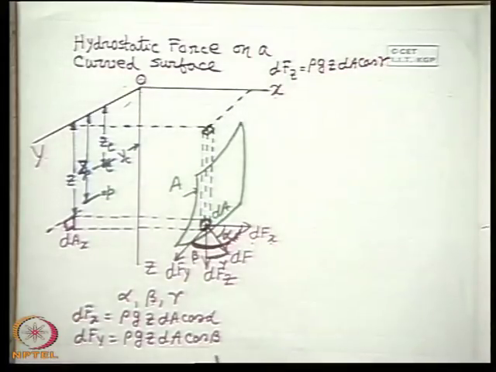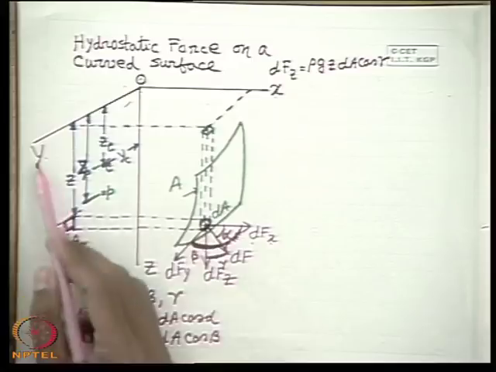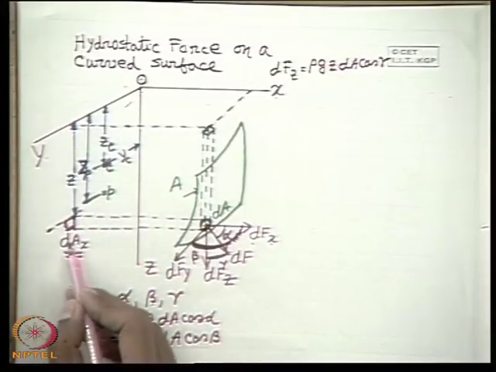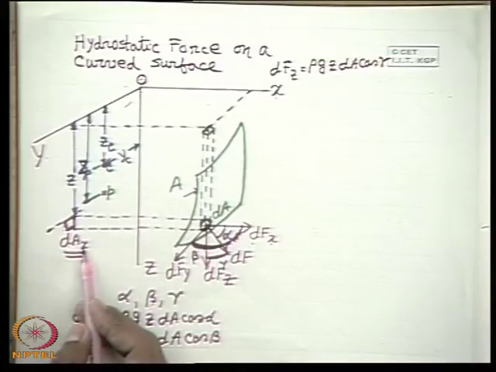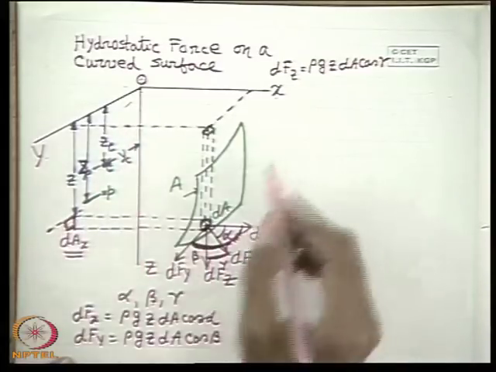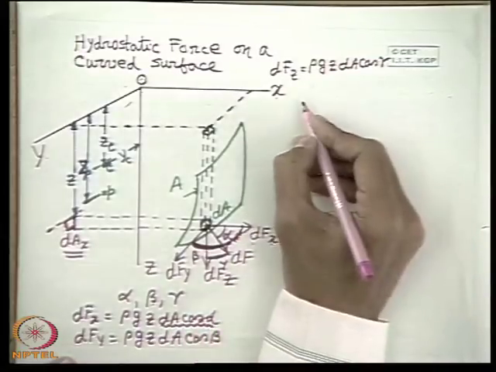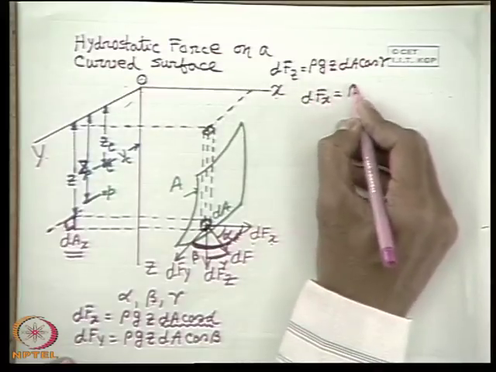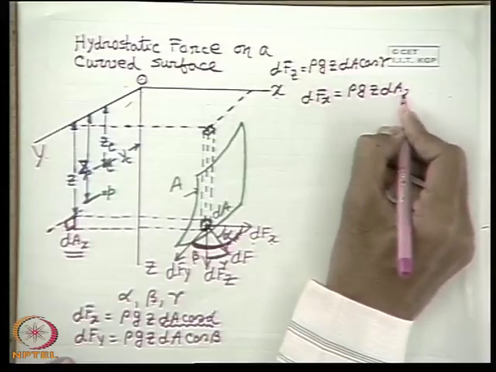Now you see this dA cos alpha physically represents the projected area of dA on the yz plane, that we denote as dAx. That means it is the projected area of elemental area dA on a plane whose perpendicular is x, that means on the yz plane. So we can replace dA cos alpha by dAx and we can write dFx is equal to rho g z dAx.